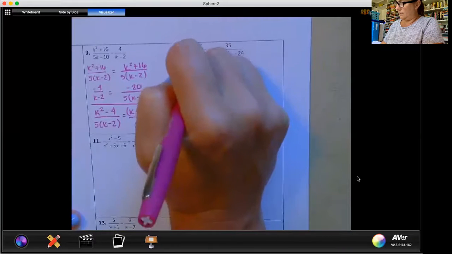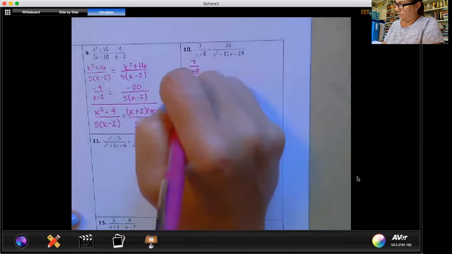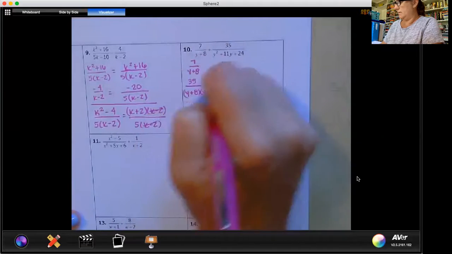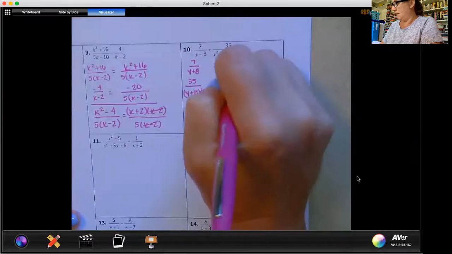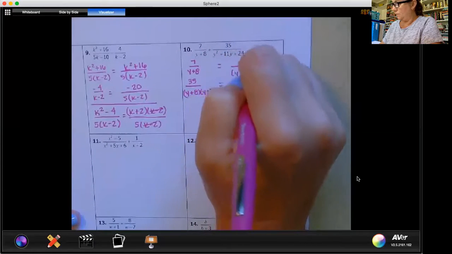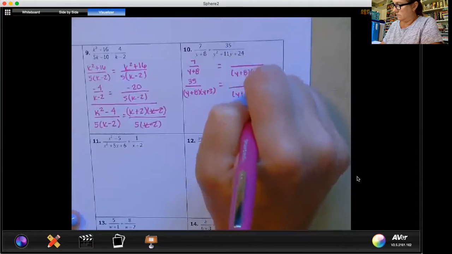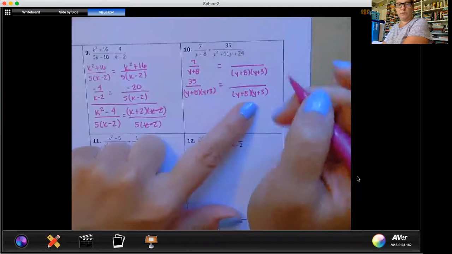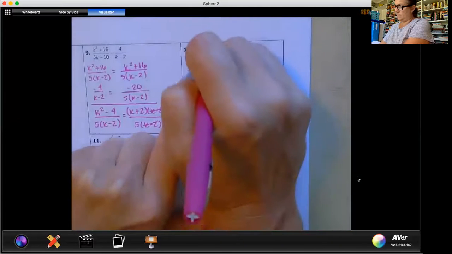7 over y plus 8 and 35 over y plus 8, y plus 3. What do they have in common and what's left? They have y plus 8 in common, y plus 3 is left. And then what does it take to go from the old to the new? Well, this one's times 1, and this one is times y plus 3.